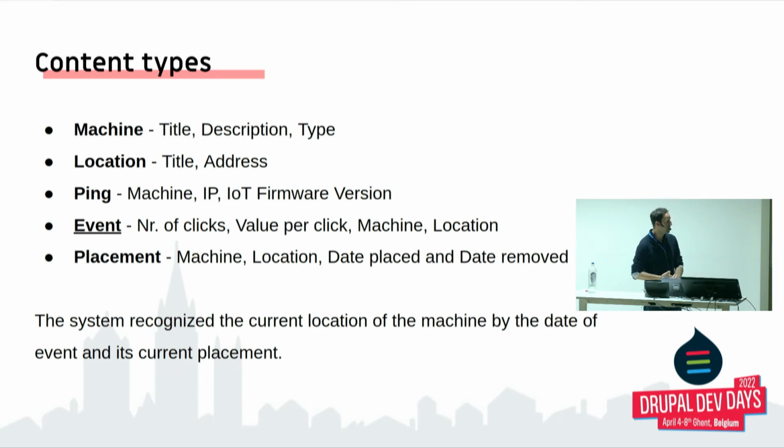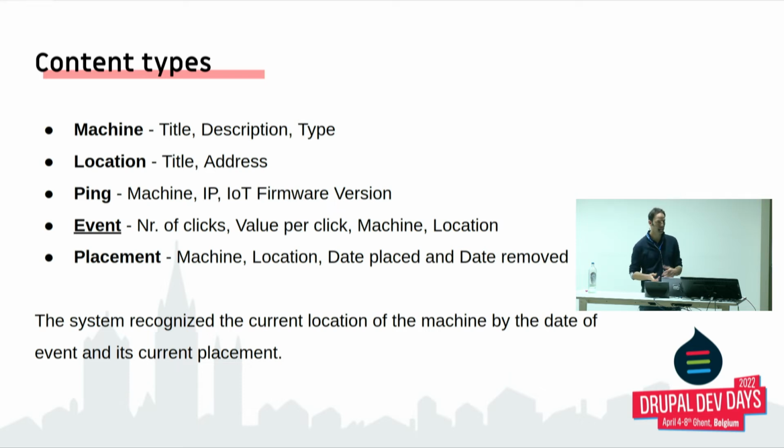We have a ping content type, which is good for some debugging. Every time the device boots, it will actually call our server, so it will tell about its machine, where it's currently installed, the IP, and the IoT firmware version.